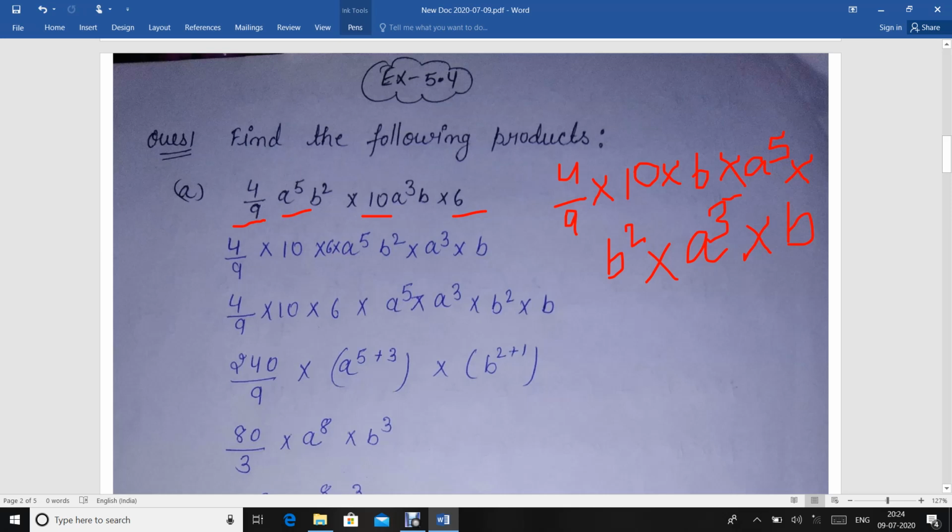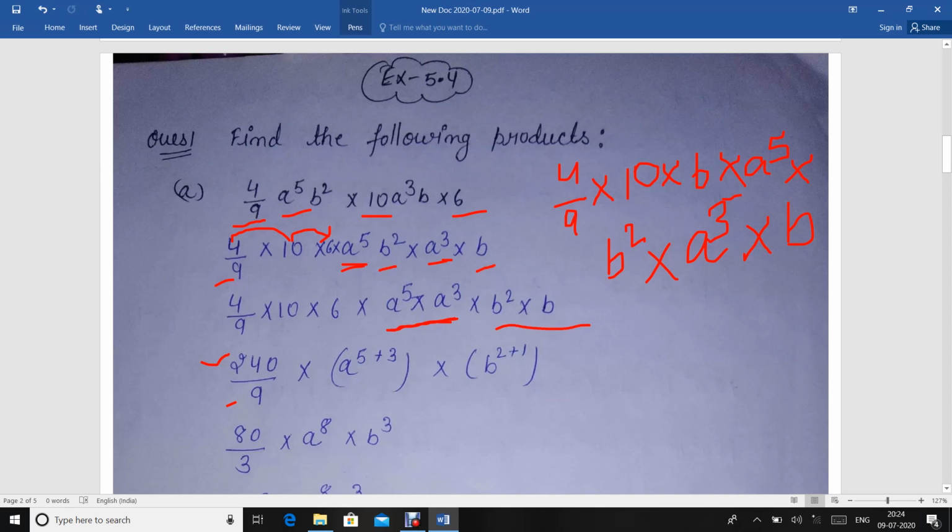So multiply numeric coefficients. 4 multiply by 10 multiply by 6 is equal to 240, and put 9 in the denominator. After that, firstly collect the same variables. So here are same variables: a raised to power 5 multiply by a raised to power 3 multiply by b square multiply by b.